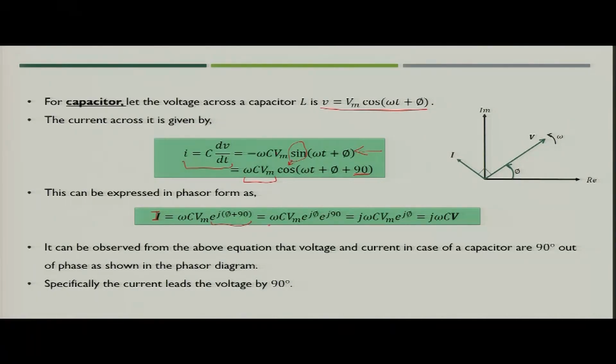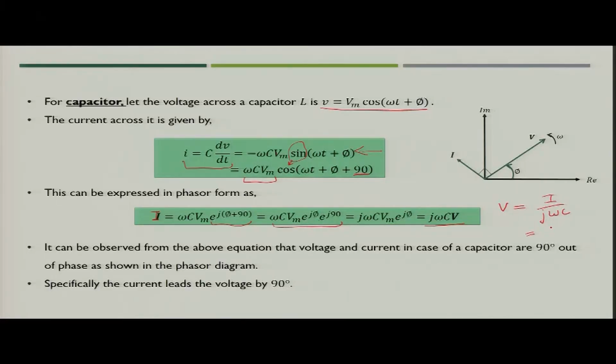If you separate it, you will get omega C V m e to the power j phi into e to the power j 90, and if you simplify, you will simply get j omega C into V. So now, if you write voltage V is nothing but I upon j omega C, what will happen?